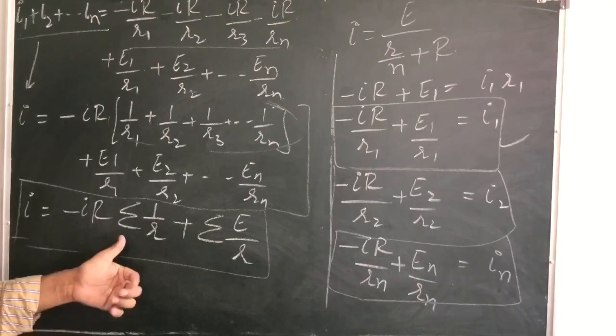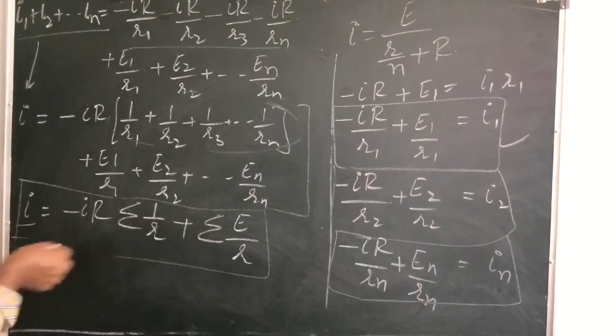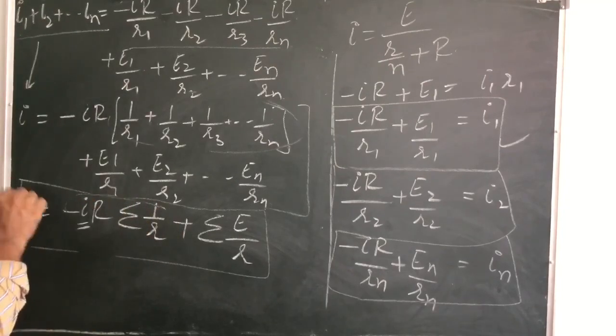So from this formula now I will be calculating the current. So here I have current, here also I have current. So I will be taking this value to this side.